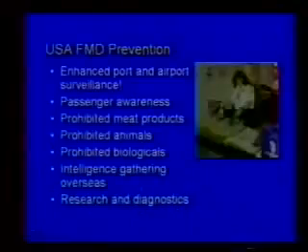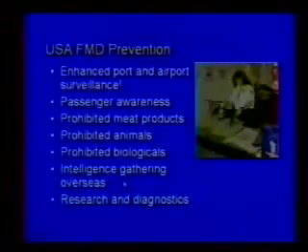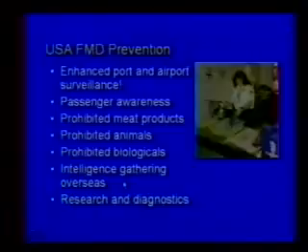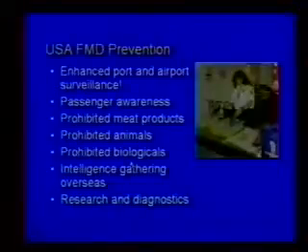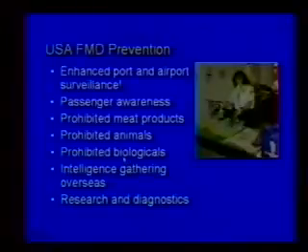Well, what are we doing here in the United States to make sure that we don't get foot and mouth disease? We've always had a policy of rigidly enforcing, first of all, surveillance, and clearly we recognize that with the amount of hand luggage that is brought into countries and the extent of global traffic, that this is always possible.